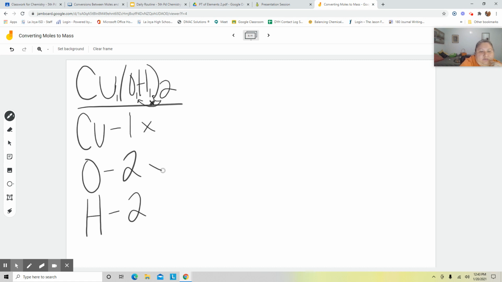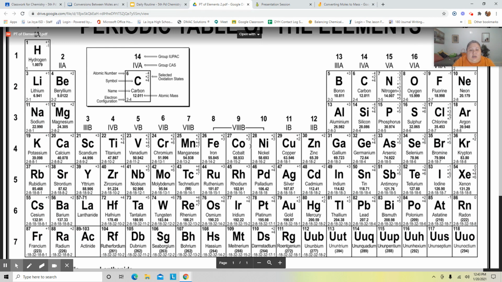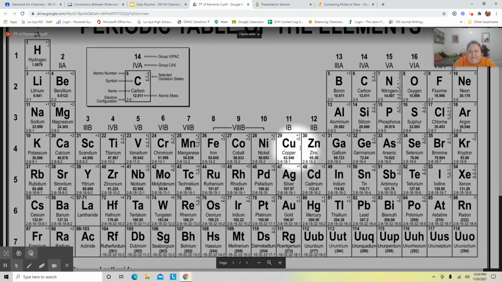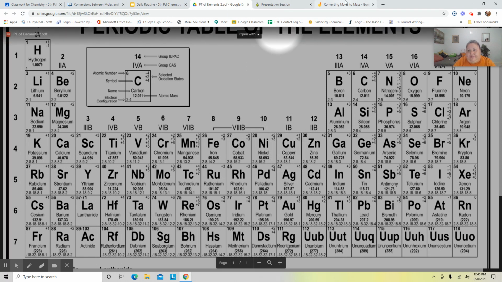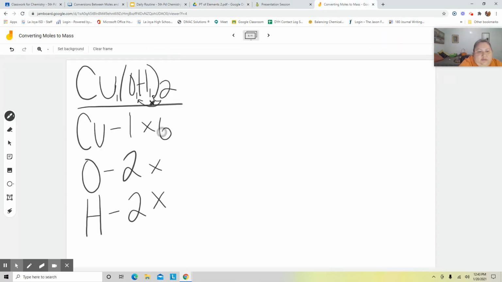Now I'm going to multiply by the mass of each element. So I'm going to go to the periodic table. Remember, I told you, keep a periodic table handy. Copper. Everybody see it right here? Hold on, let me highlight it. 63.55. Oxygen.